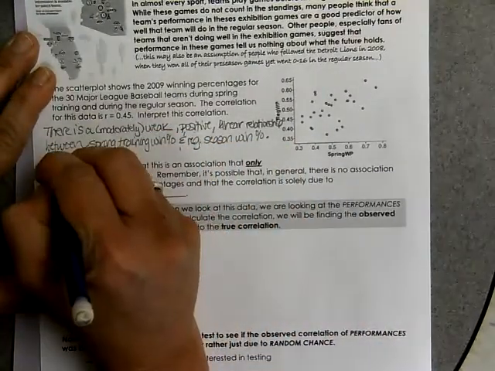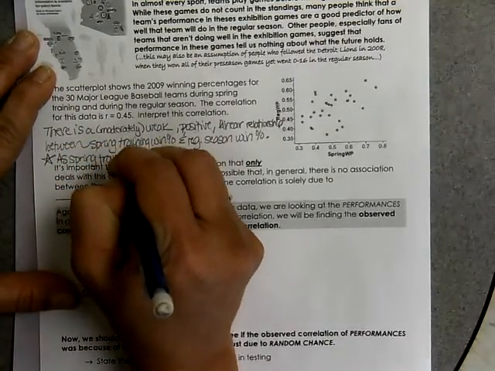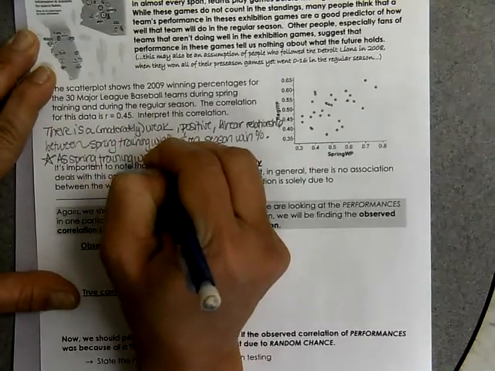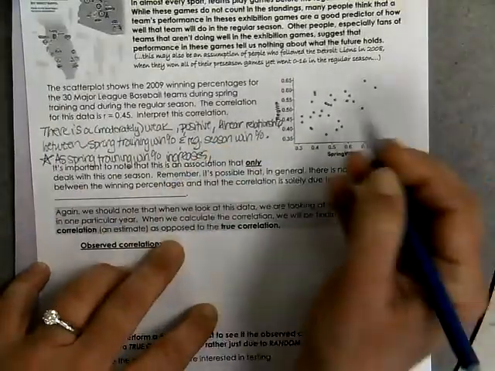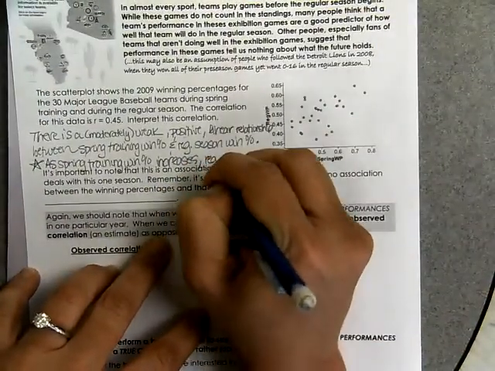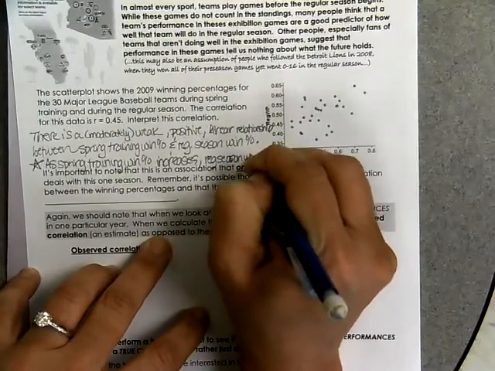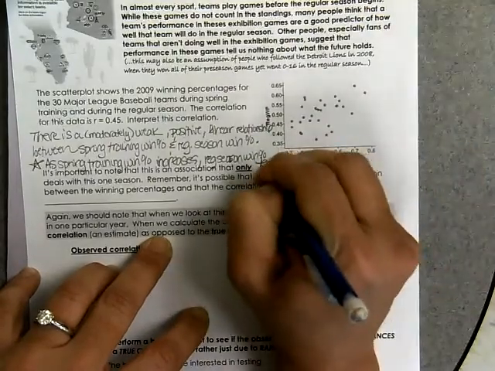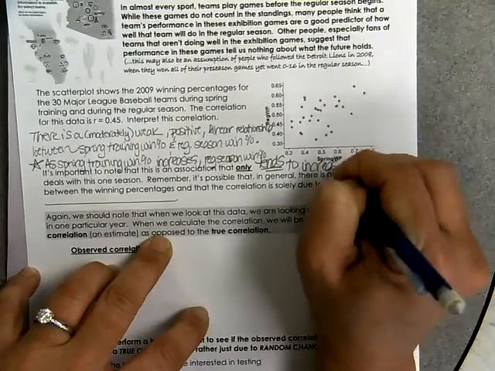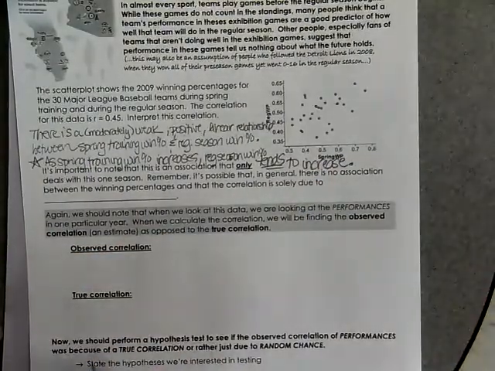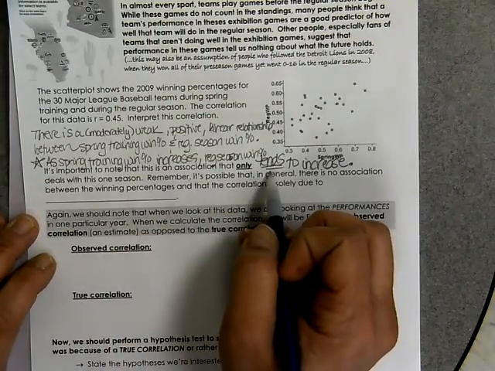What this means is that as spring training win percentage increases, our Y, the regular season, tends to increase as well. So we really focus on that positive association: as one increases, the other one tends to increase also.